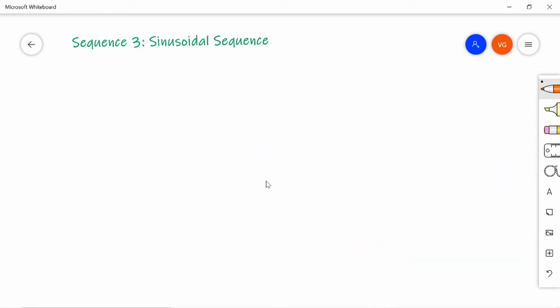Next sequence is the sinusoidal sequence. Here I am going to find the Z transform of a simple sinusoidal sequence. The sinusoidal signal x of n is defined as sine omega naught n u of n. Instead of writing the regular omega, I am writing this omega, as this is a discrete time signal and the angular velocity is defined like this.